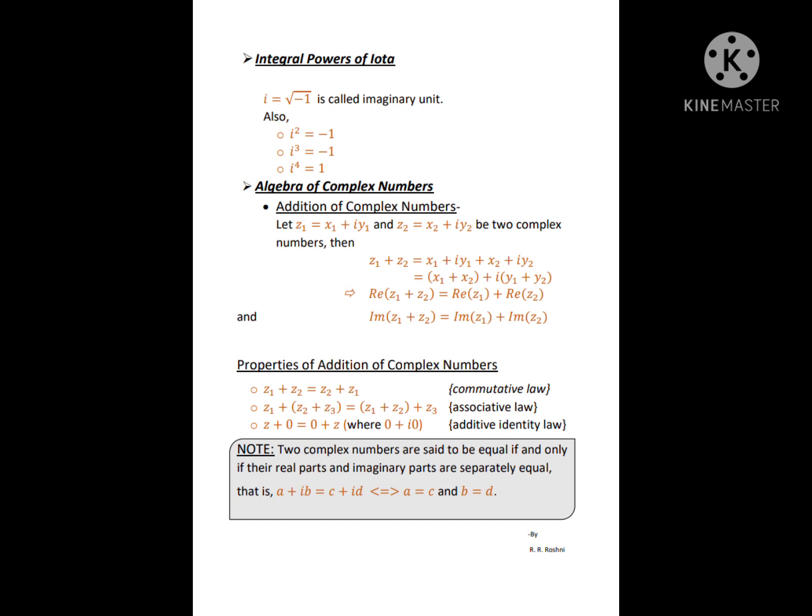That is, a is the real part and c is the real part. If they both are equal, then the two complex numbers are said to be equal. And in the same case, if the imaginary parts, that is b equals d, are equal, then we will have the two complex numbers equal.